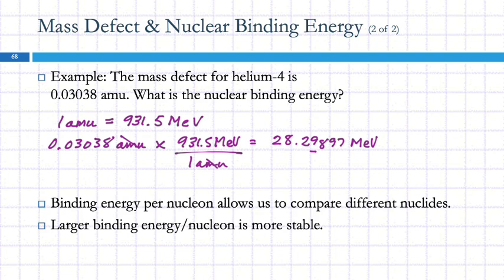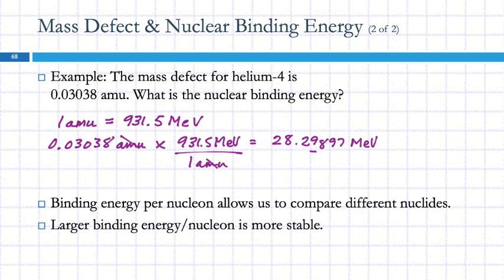So you're going to have different nuclear binding energies for different sizes of atoms. And so it's a little hard to compare because they're different sizes. So what we'll often do is we'll look at binding energy per nucleon. Remember what a nucleon is? It's a resident of the nucleus. Protons and neutrons are nucleons. So for helium-4, if we wanted to know the binding energy per nucleon, we're going to divide by the number of nucleons.